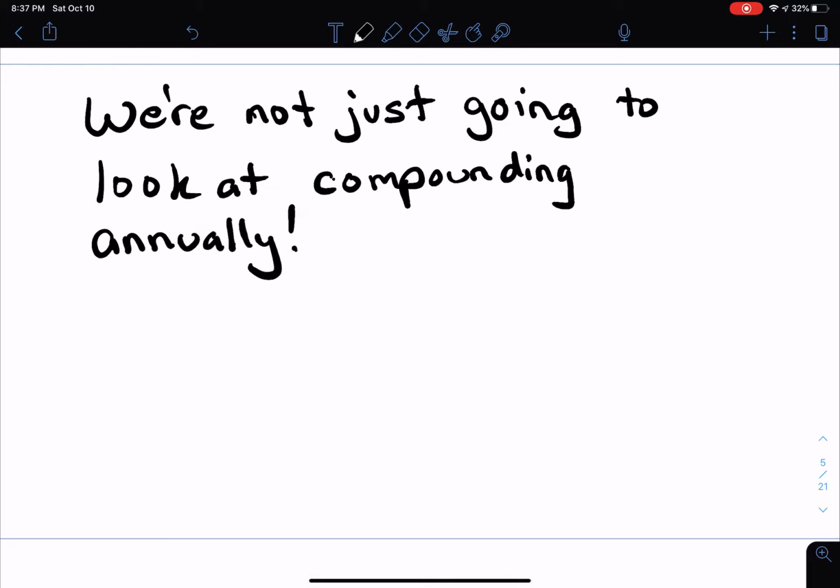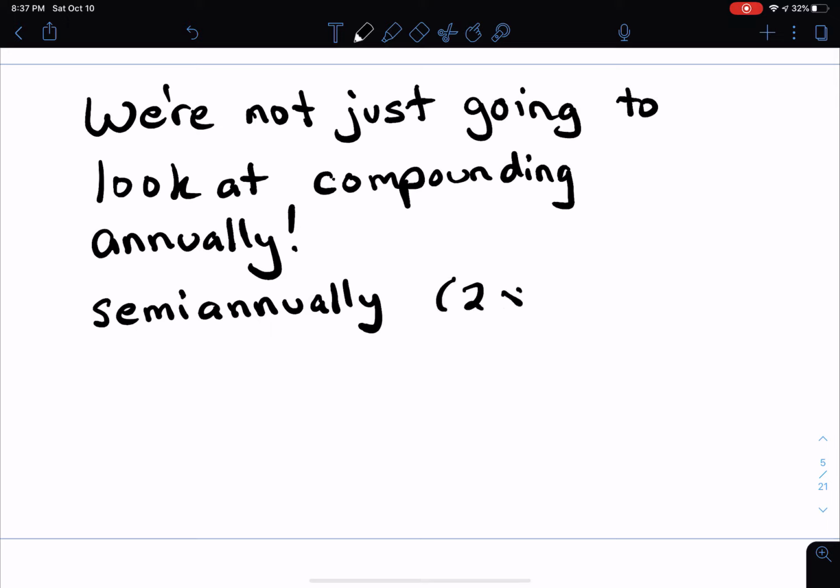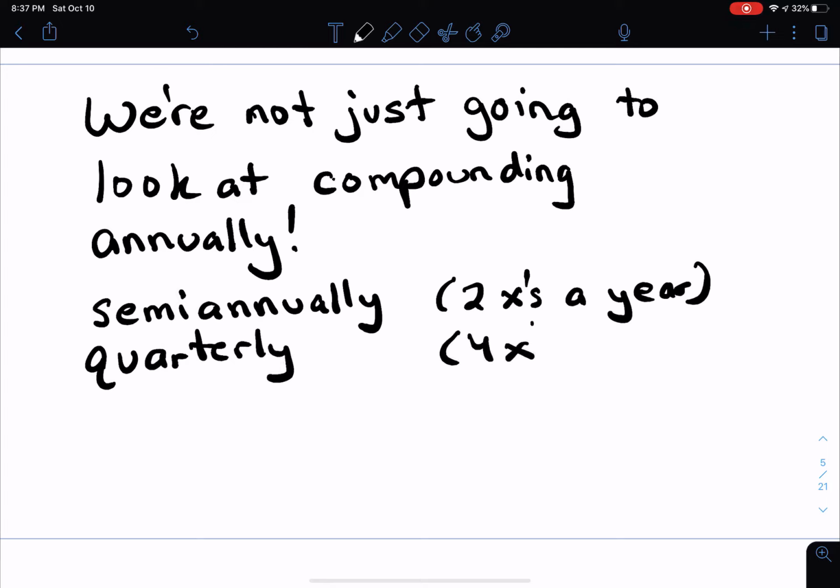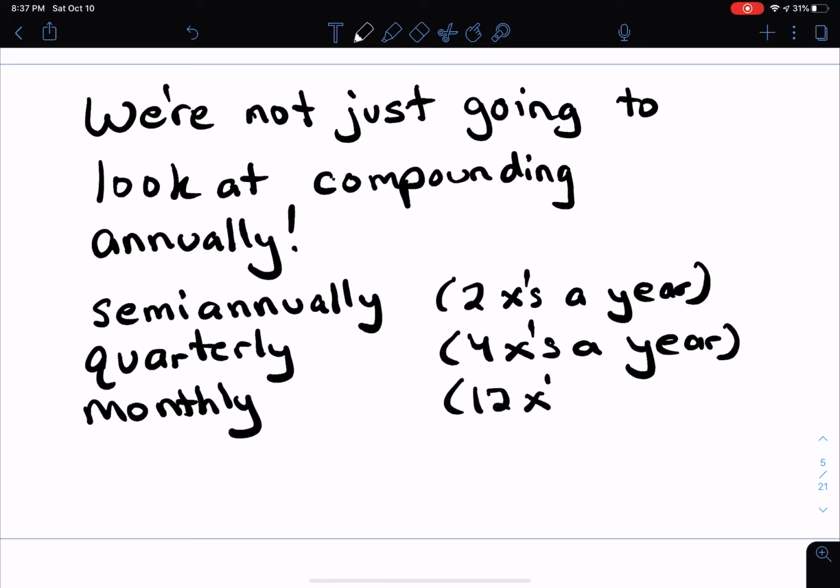We're going to have other situations too. Semi-annually, so 2 times a year. We're going to look at quarterly, 4 times a year. Going to look at monthly, 12 times a year.